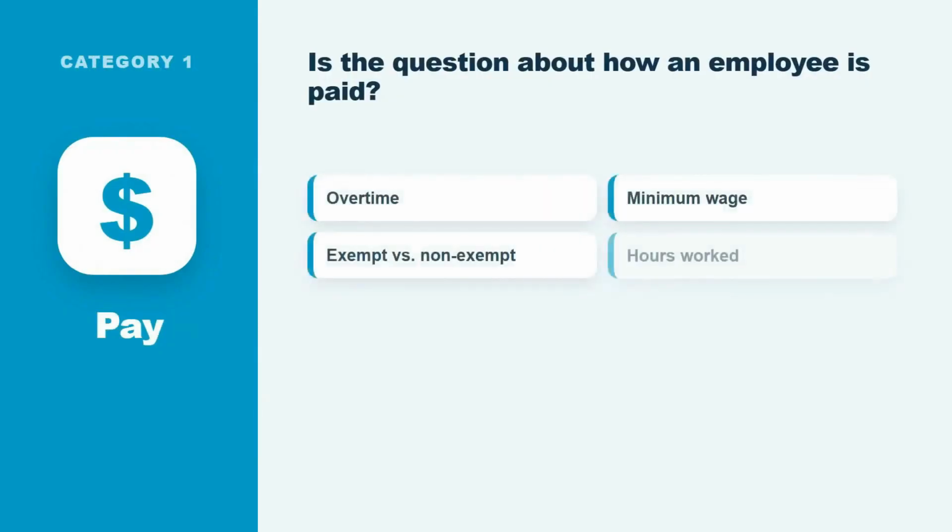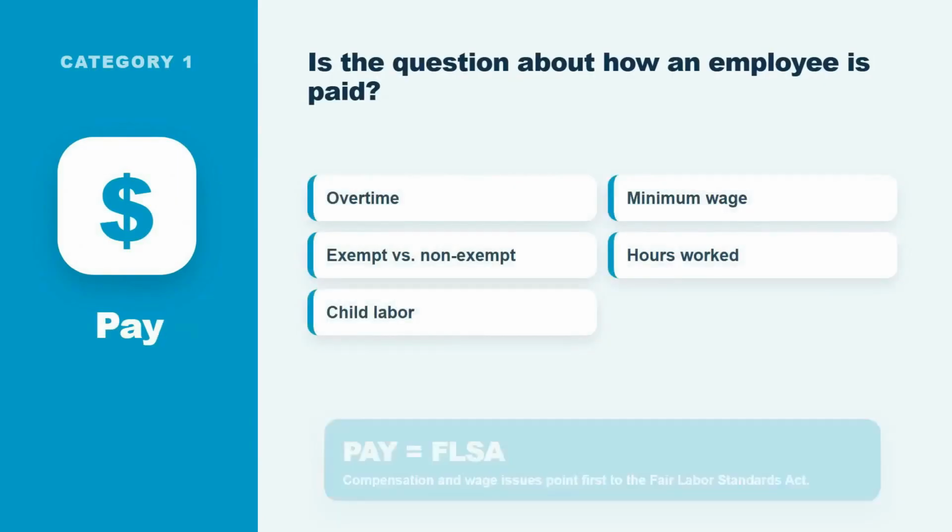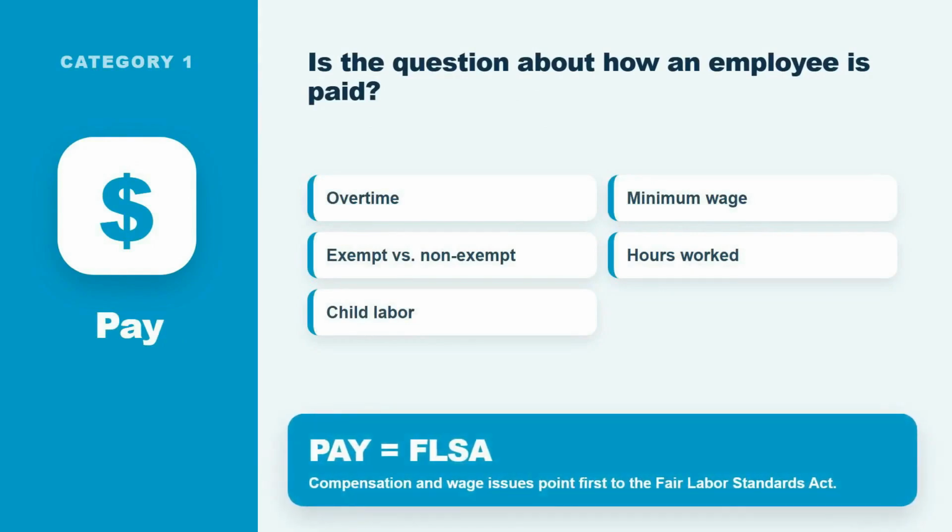Category 1. Pay. Is the question about overtime, minimum wage, exempt versus non-exempt status, hours worked, or child labor? Think pay equals FLSA. Whenever you see compensation or wage issues, your first thought should be the Fair Labor Standards Act.